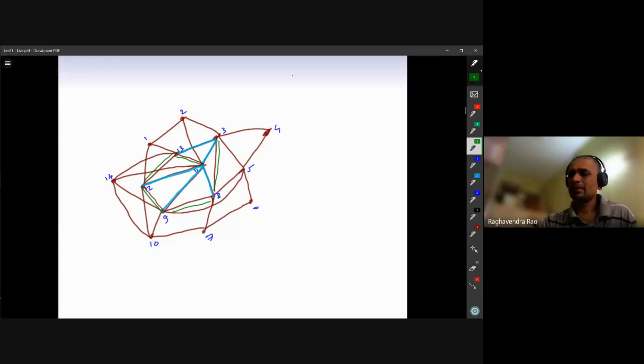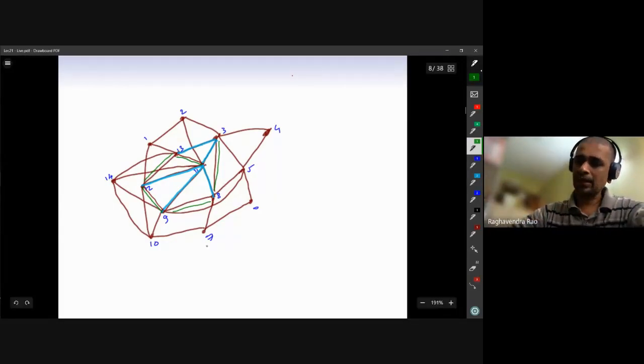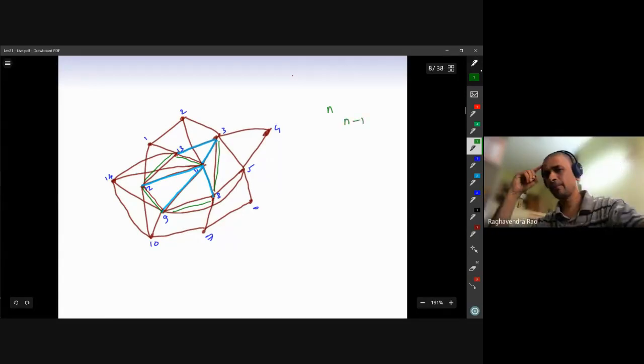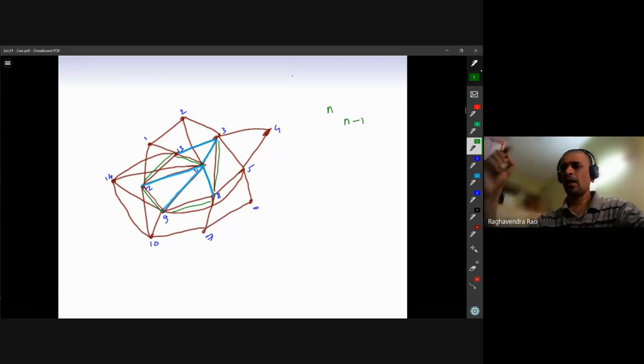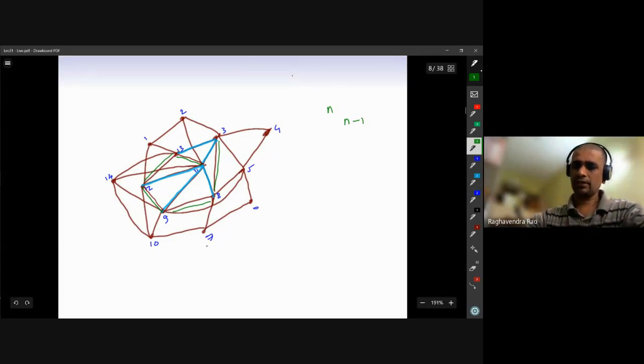I'm just giving an intuitive reason, okay? The rigorous argument will come very soon, okay? So let's say the graph has n vertices. So the number of edges in any spanning tree of it is n minus 1, right? Now, n is the size of this set, okay?